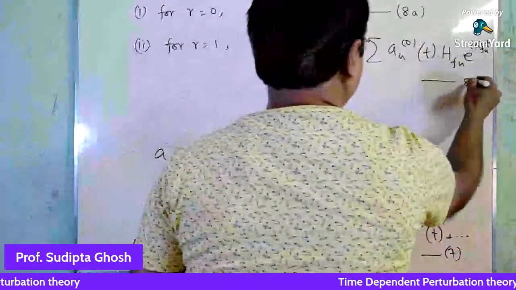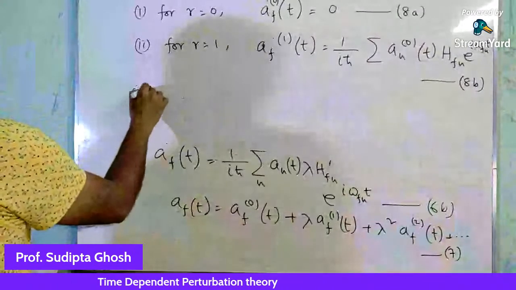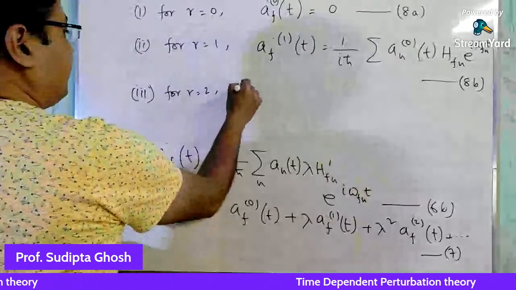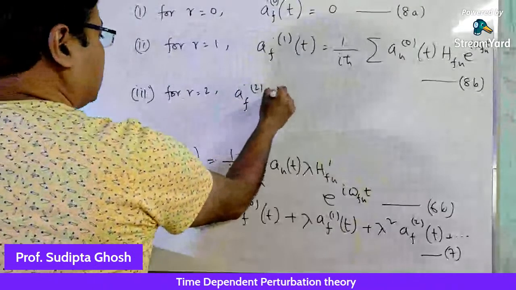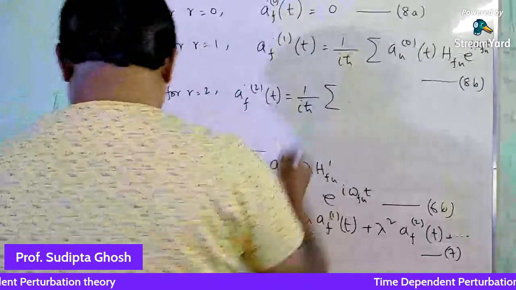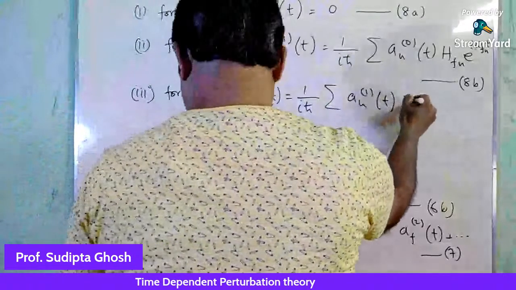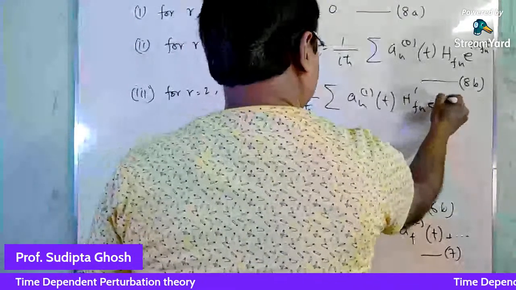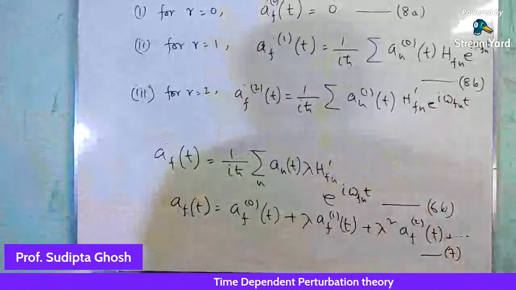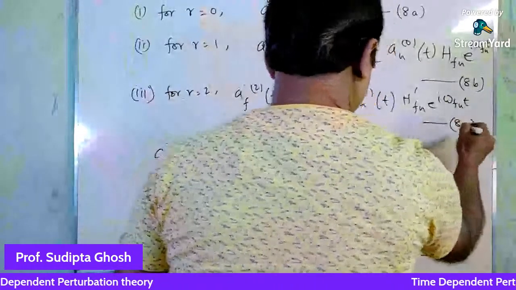So it is equation 8b. Now proceeding for r equals 2, then a_f dot 2(t) is also 1 by i h-cut summation a_n1(t) H prime_fn e to the power i omega_fn t. So this can be written as equation 8c.